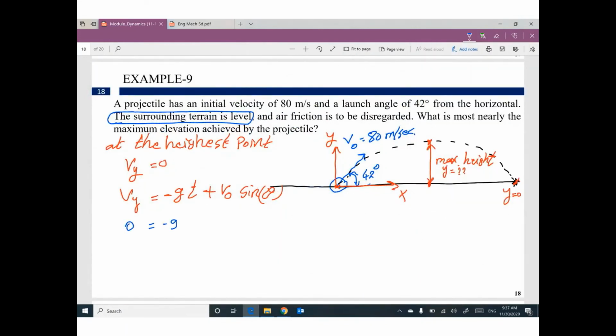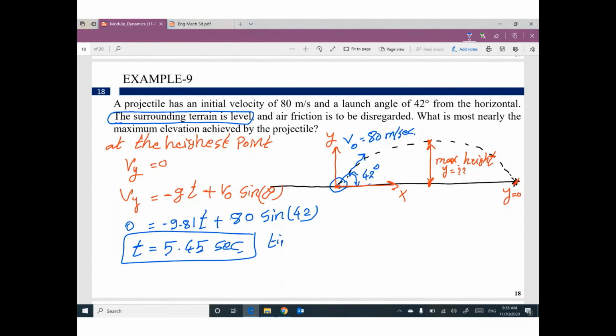Negative 9.81 t plus V naught, initial velocity 80, sine angle 42. The only unknown in this equation is the time. So the time required for this projectile to reach the highest point will be 5.45 seconds.